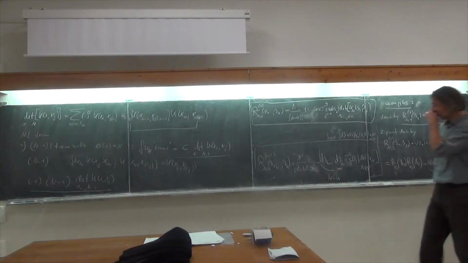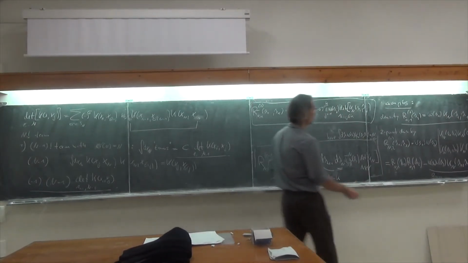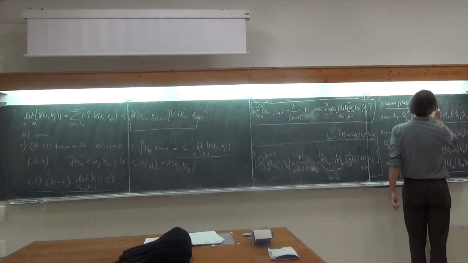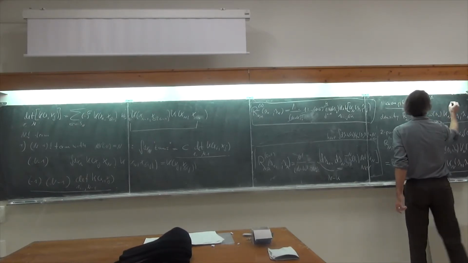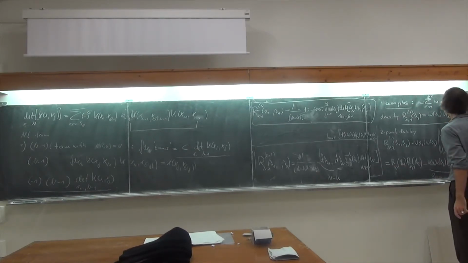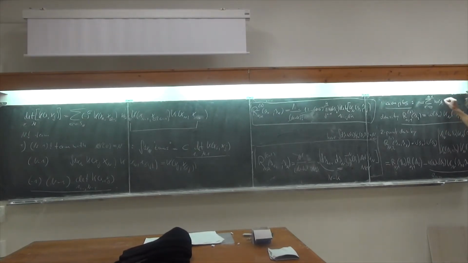Then maybe one more remark. Very often people pull this weight actually into the sum. So they will have the weight of lambda 1 times P_n of lambda 1, square root.